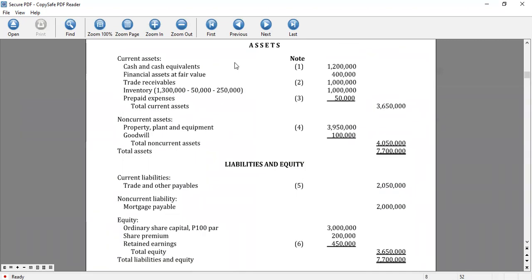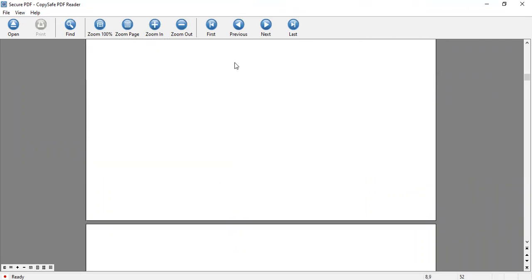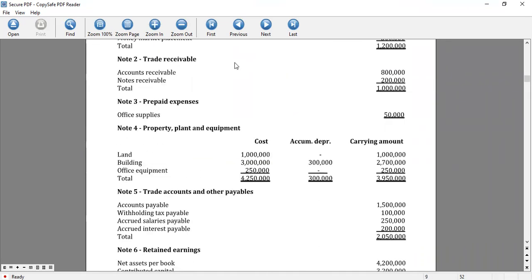Now, for liabilities and equity, we have the current liabilities, the trade and other payables. In note number 5, the trade and other payables include accounts payable of 1.5 million, as we have now the current liabilities of 1.5 million.